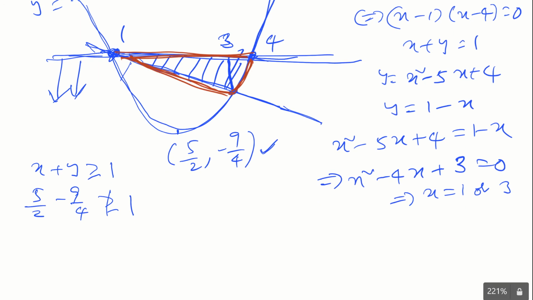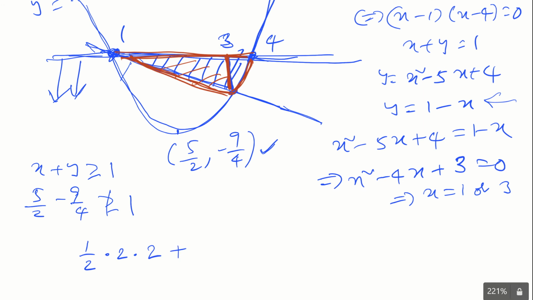So it is nothing but, for the first part you can see that this part is a triangle, right angle triangle. You know how to write the area, half into base into height. At 3 you can see that when I substitute 3 in this, I am getting y is equal to minus 2. That means height will be 2.